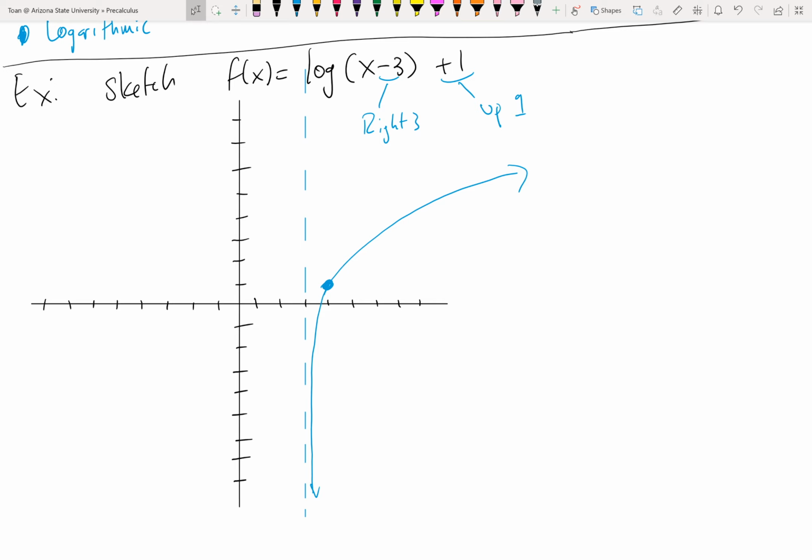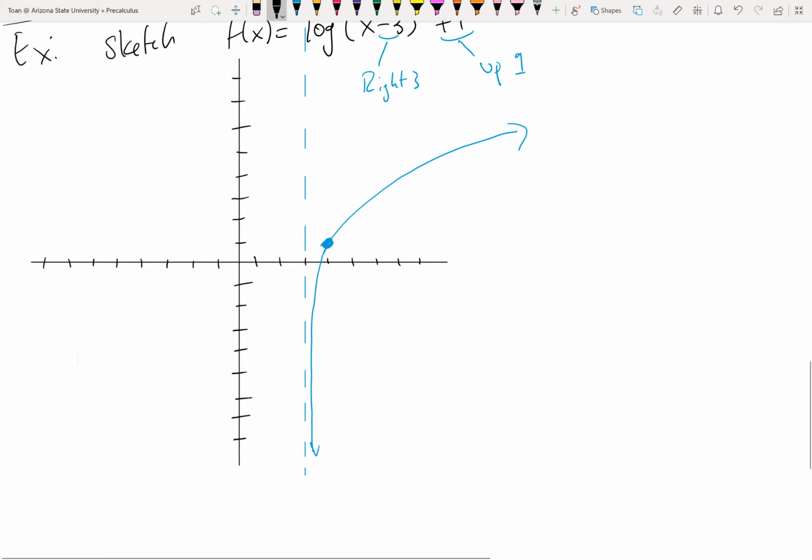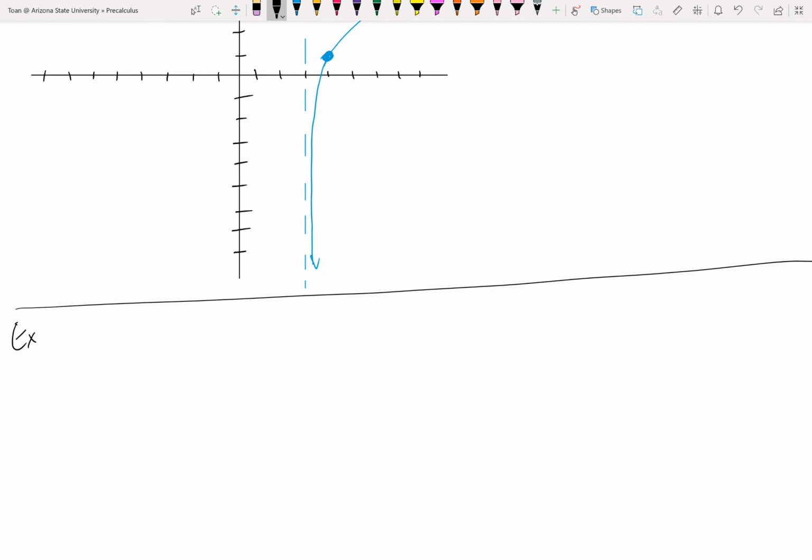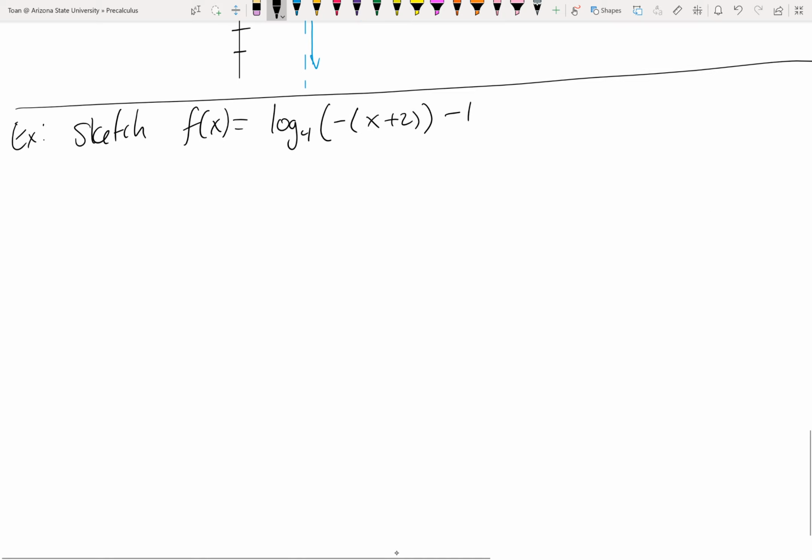Let's do something a little bit more interesting, something with reflections and flips and so on and so forth. So let's sketch f of x equals log base 4 of negative x plus 2, minus 1. First thing we want to do is label all the transformations.